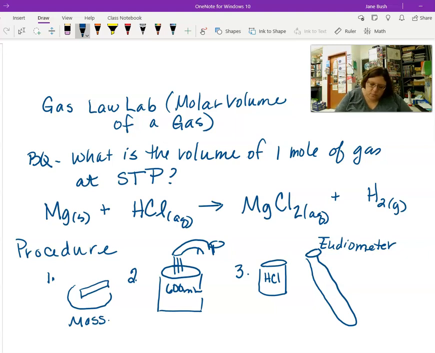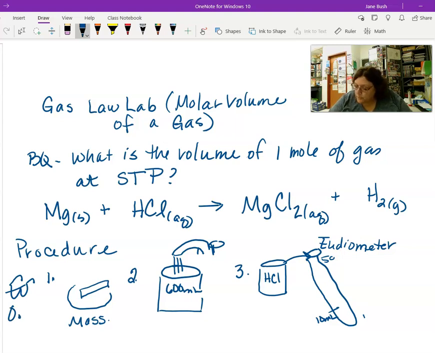And so you're going to pour hydrochloric acid in up to about 10 milliliters. The eudiometer is measured from 0 up to 50. So you're going to put about 10 milliliters in. Is it okay if it's 9? Yes. Is it okay if it's 15? That's a little overkill, but yes. And I will help you with pouring that. And that reminds me, I did not put in here goggles, but you do, so here's step 0, you do need to wear goggles.